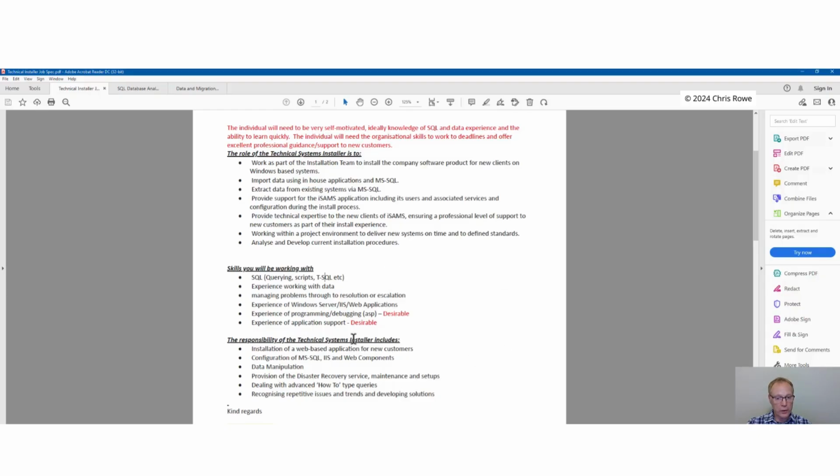And then the responsibilities include bits and pieces here, data manipulation, which I suppose I did a bit of. But as you can see from these requirements, although I did get the interview, I didn't actually have many of these skills, so I didn't go forward for any second interview, and I certainly didn't get the job, which is a good thing, because I wouldn't have been able to do many of these things.